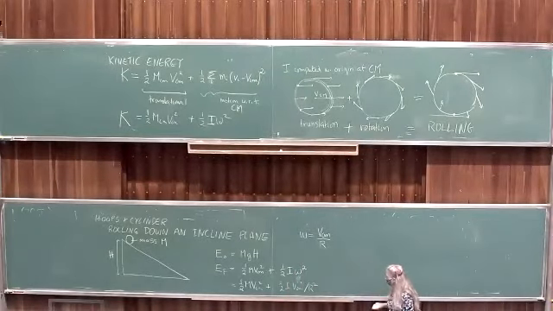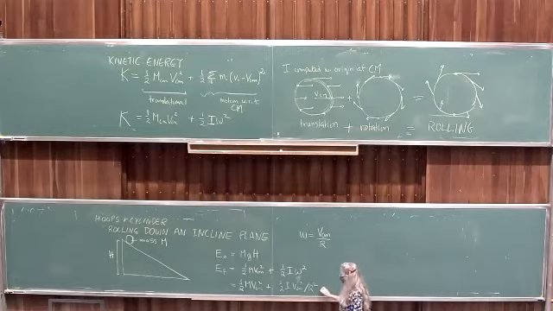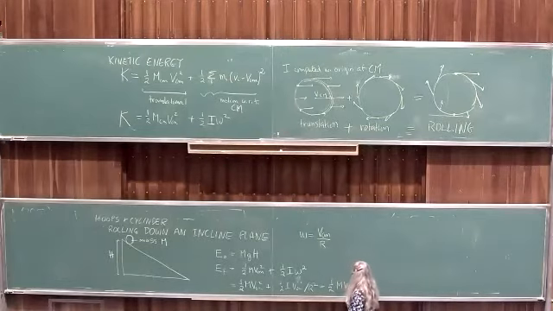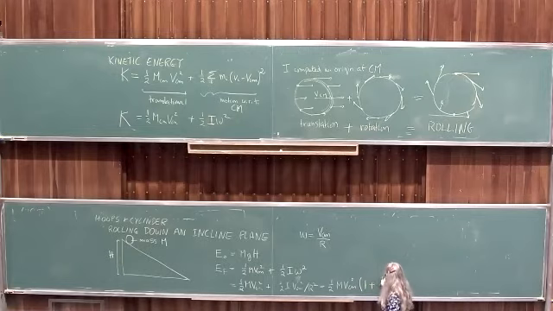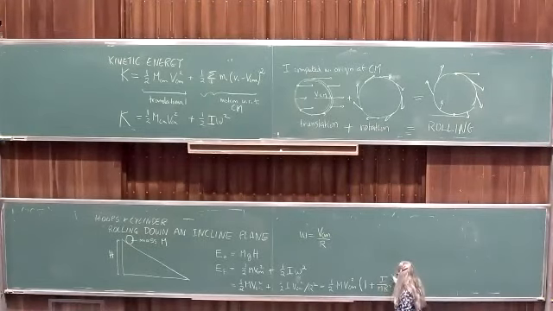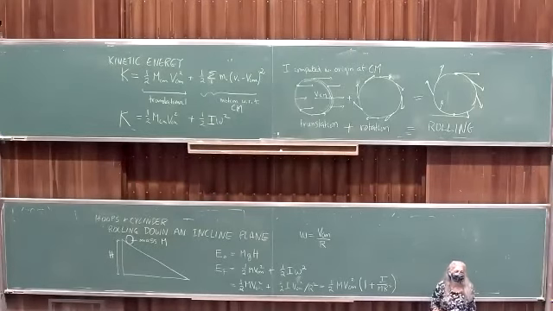And it might be nice to rewrite this a little bit more cleanly: 1 plus I over m r squared.